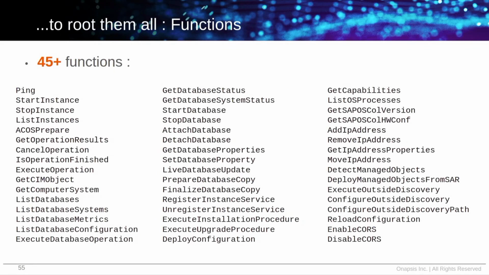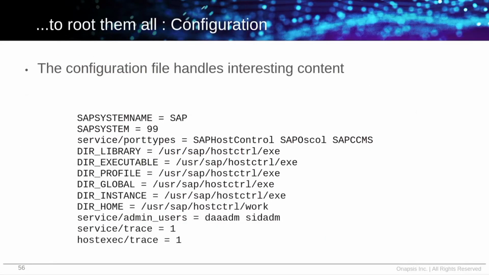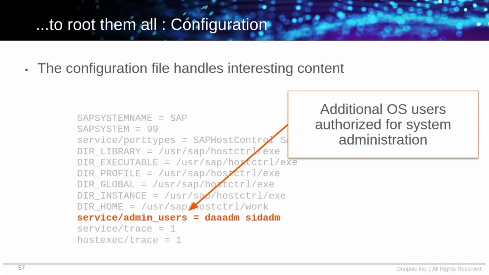The next step is we focus on the configuration file where we find the ADM user for sure. We find a couple of very interesting parameters. The first one is this one, service admin user. Looking at the documentation, we understand that this is a list of users who are able to communicate with the SAP host agent. So we are very happy because the ADM is in the value of this parameter.